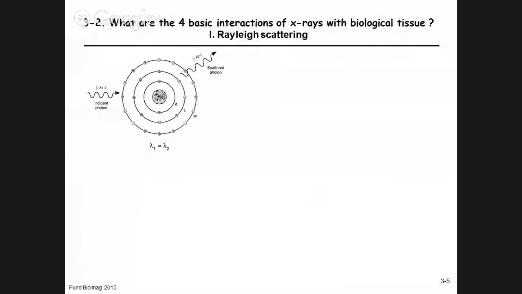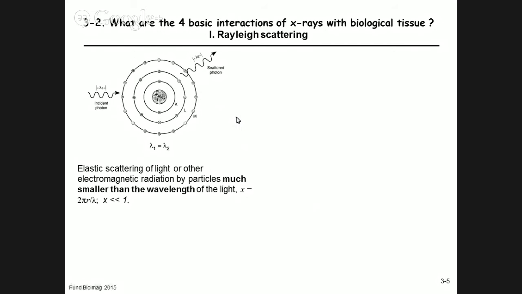Okay, so what are the possible interactions of X-rays with biological tissue? And we differentiate here four fundamental interactions. Number one is Rayleigh scattering. We have an incident photon that's being scattered at a certain angle. Rayleigh scattering occurs only if the particles are much smaller than the wavelength of light.